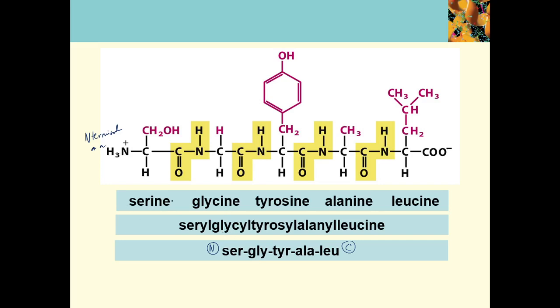Your serine is S, your glycine is G, your tyrosine is Y, your alanine is A, and then leucine is given a symbol of L. That means your amino acid sequence will be SGYAL. Again, if S appears first, then this is your N-terminal amino acid, and your L here is your C-terminal amino acid.